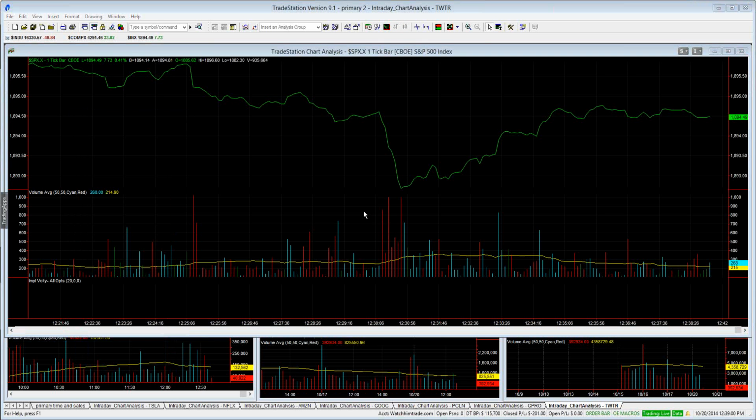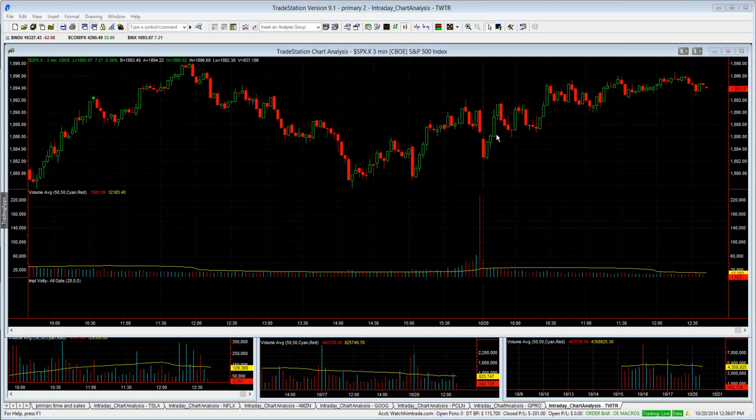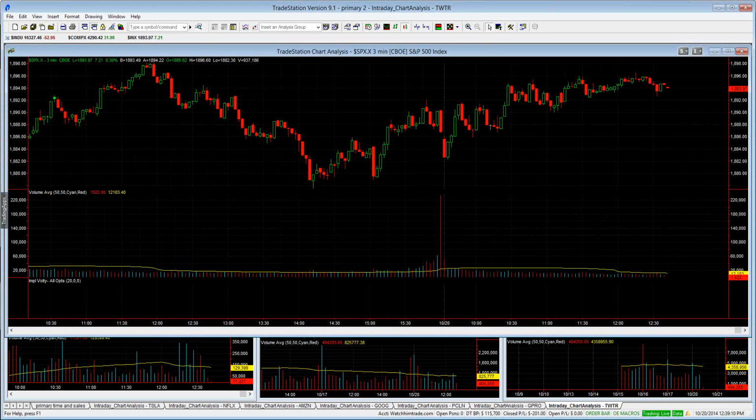If we go to a 3-minute chart on the day here, you can see that today's session is this price action right here.